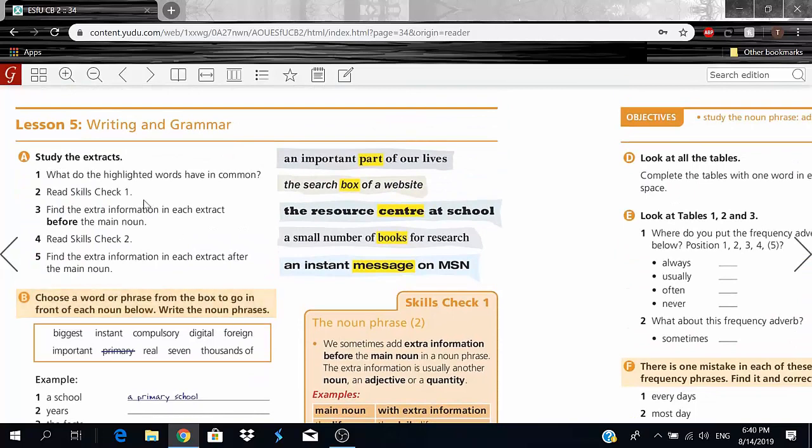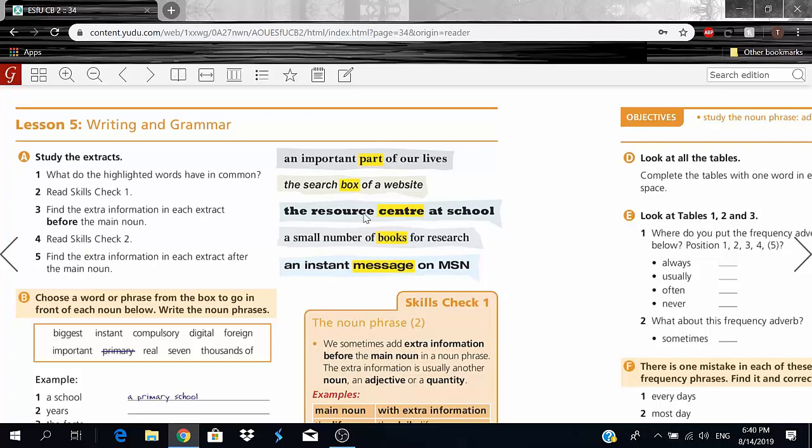Okay. So what do the highlighted words have in common? Okay, so the important part of our lives, part is the highlighted one, the search box, the resource center, a small number of books, and finally, an instant message. Okay, so what I get from these is that all of these are the main nouns.